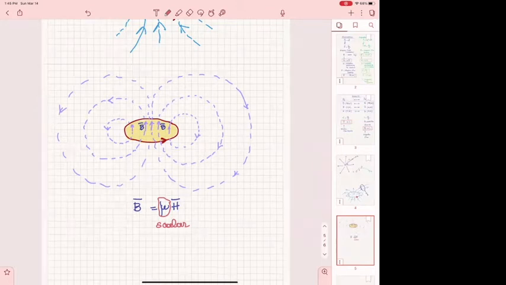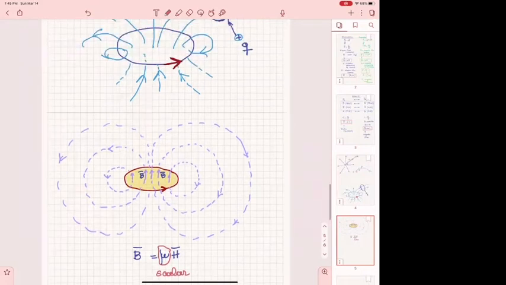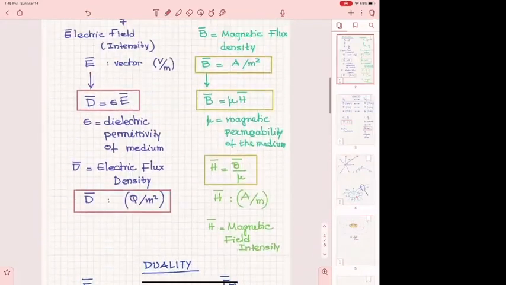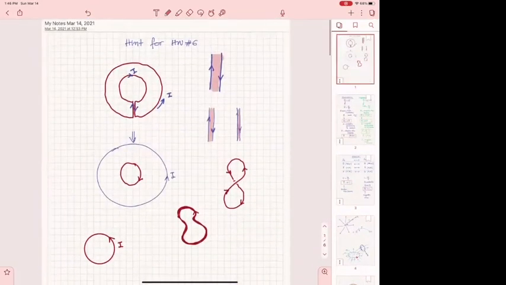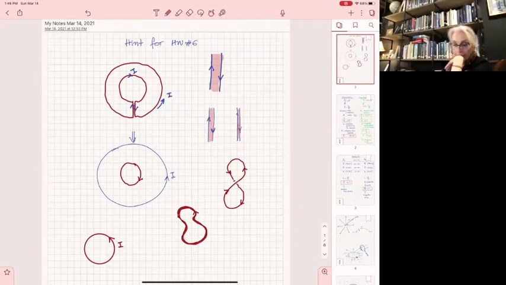I'm sorry, Professor. I think I'm confused about the homework because the way I solved it, I derived the formula of B from the Biot-Savart law of the current loop, and then I found the B, the electric field, which I thought is going to be B for both loops, and added them. There is no electric field. The magnetic field.